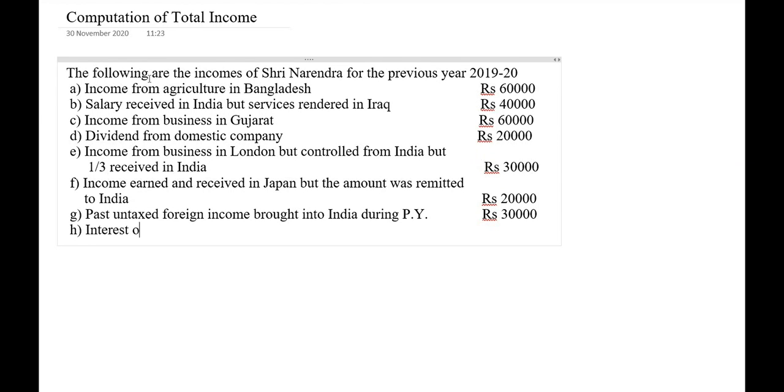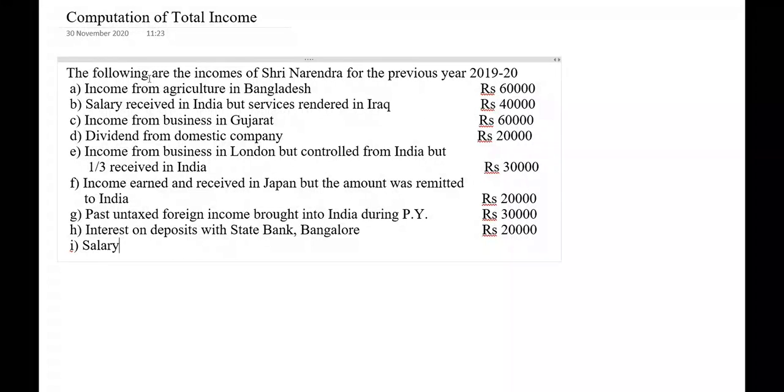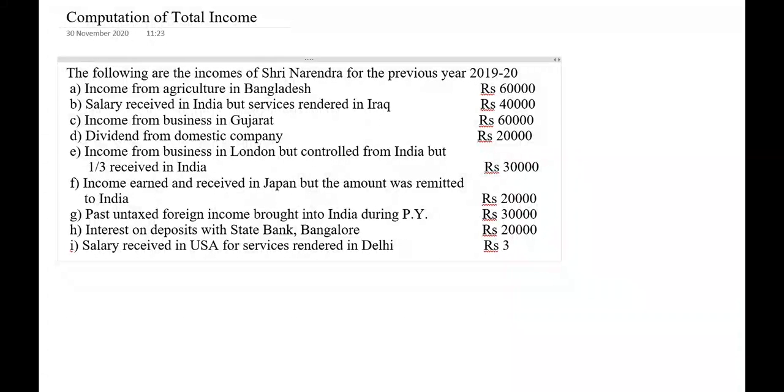H, interest on deposits with the State Bank, Bangalore, rupees 20,000. I, salary received in USA for services rendered in Delhi, rupees 60,000.